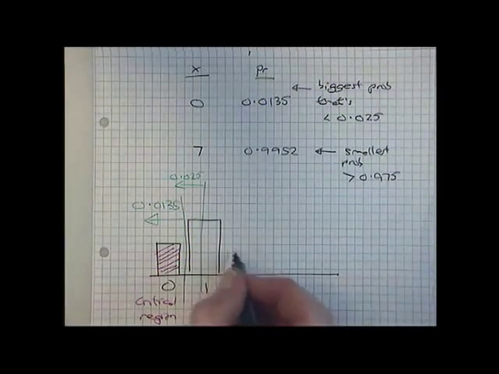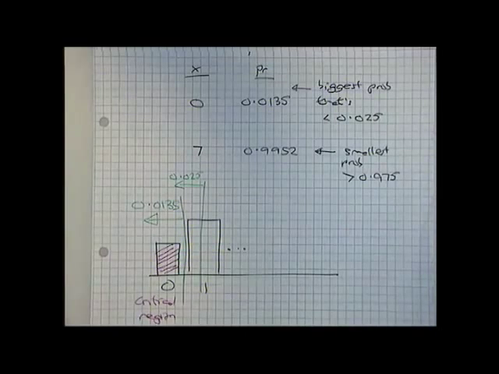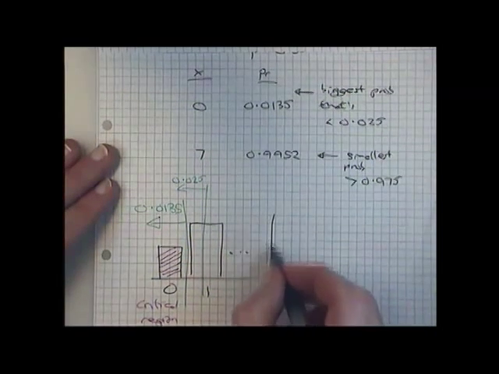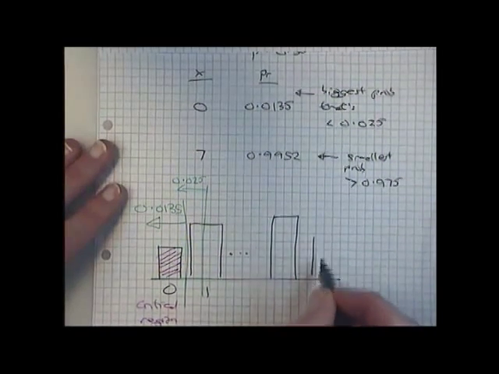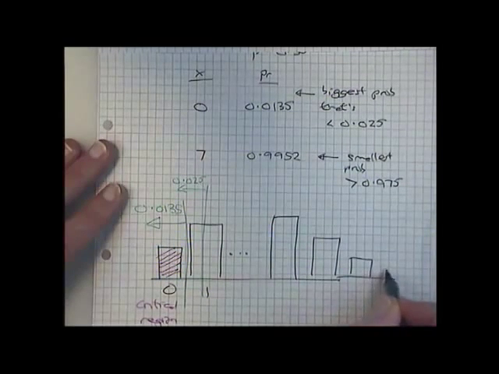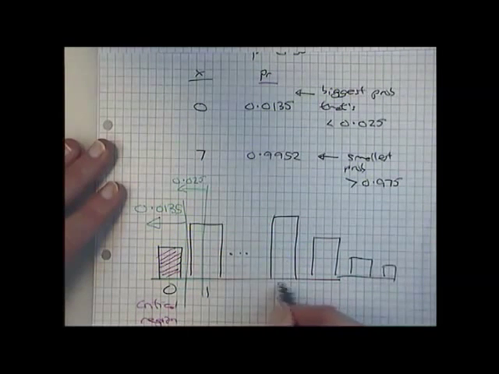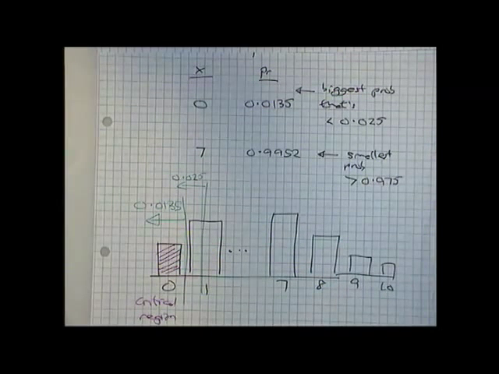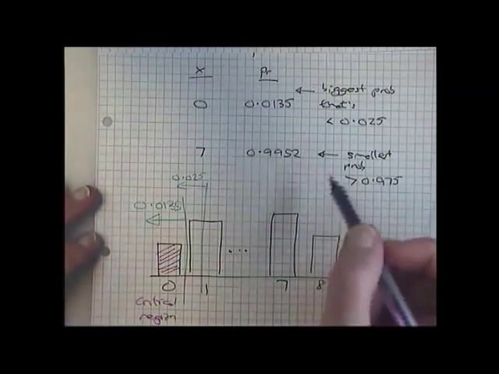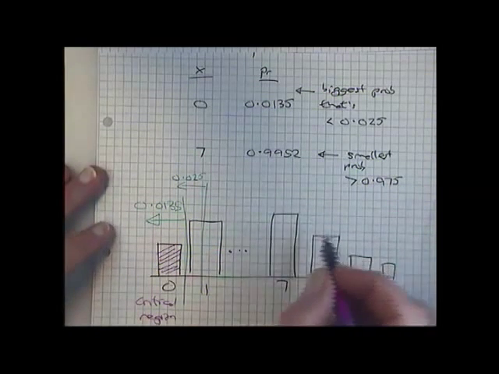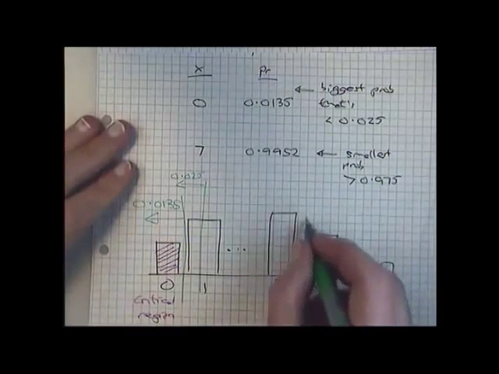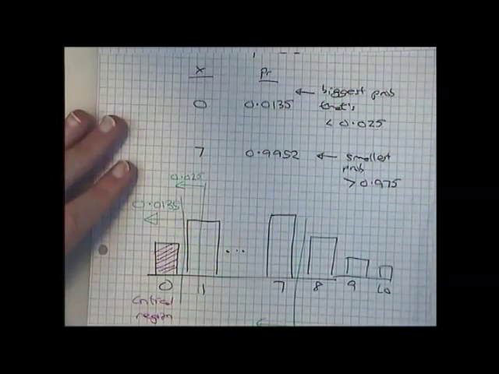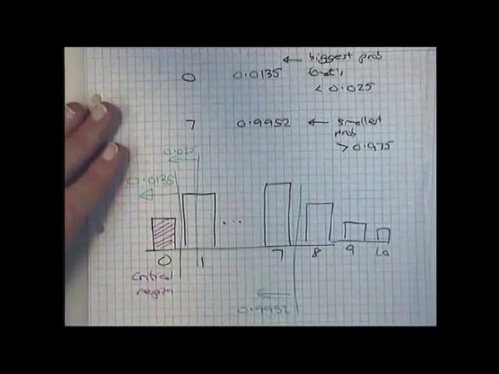And then if I put my dot, dot, dot up here, I've got a 7 bar, an 8 bar, a 9 bar and a 10 bar. You've just told me that the probability of being less than or equal to 7, being left of there, is 0.9952.